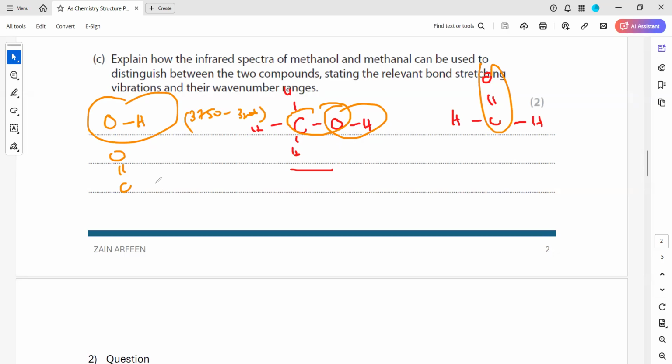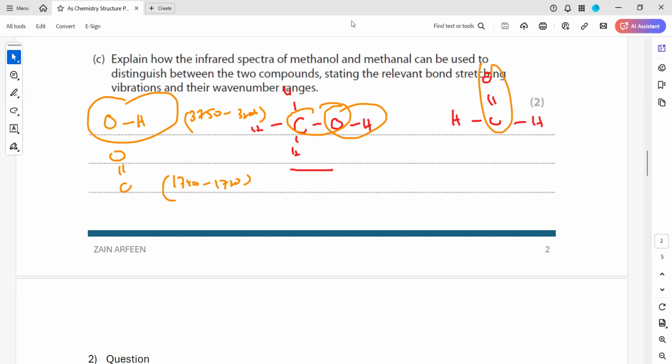And for the carbonyl, the C double bonded with O bond stretching, it usually ranges from 1740 to 1720, a small range. So this is 1740 to 1720. You can mention this range.